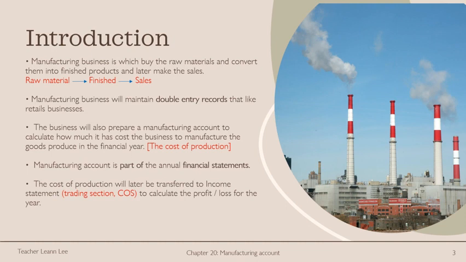The manufacturing account is part of the annual financial statements. So you must have this, then continue with the income statement and SOFP as with your sole trader. The cost of production will later be transferred to the income statement, under the trading section, to the cost of sales, added together with your opening inventory and the purchases, to calculate the profit or loss for the year.